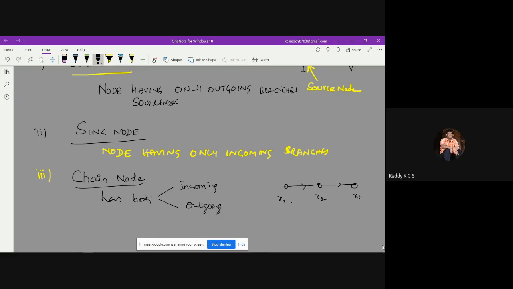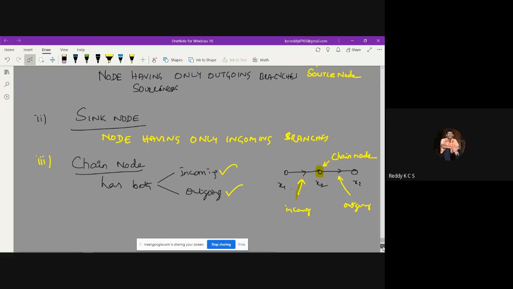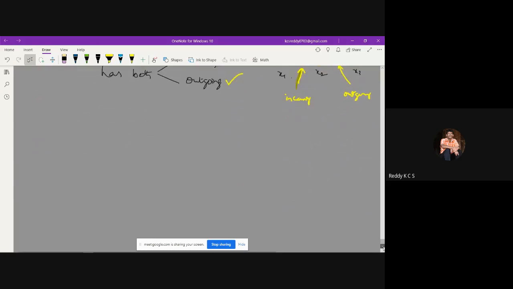If you look at the node x2, this is the incoming branch for this node x2, and this is the outgoing branch. The node which has both incoming and outgoing signals is called a chain node. That is the third terminology used in a signal flow graph.